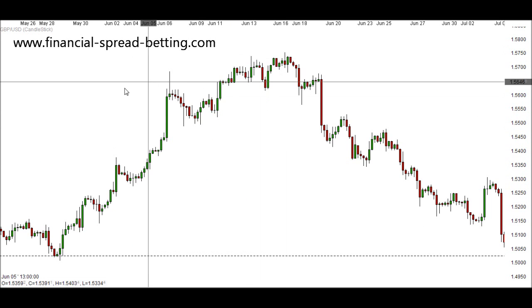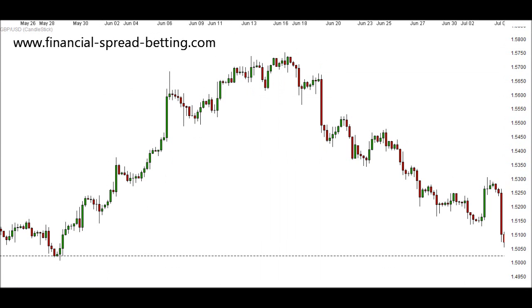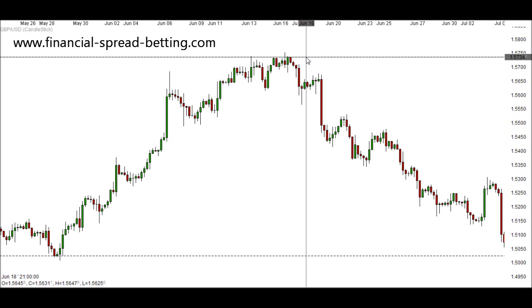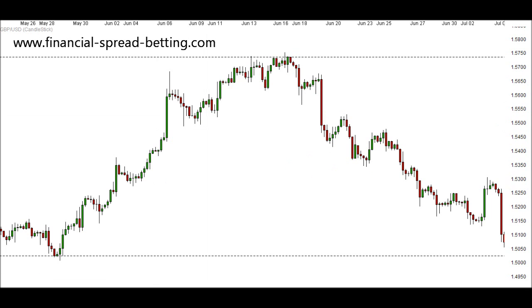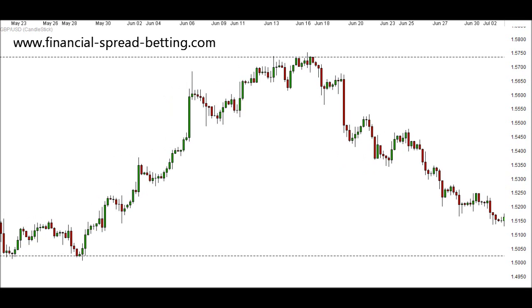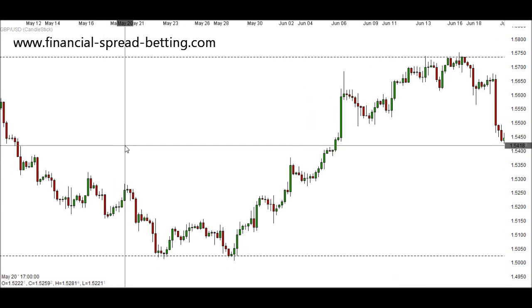If we also mark this area where price uptrended and started downtrending, price came up, was rejected, came back down, went up again, and was rejected again, and started downtrending. And we'll look at these areas with future price data.